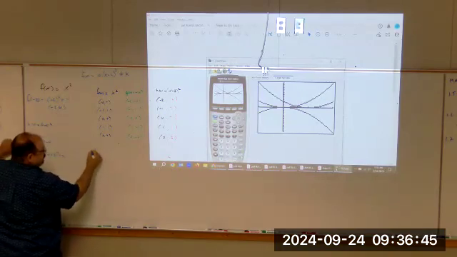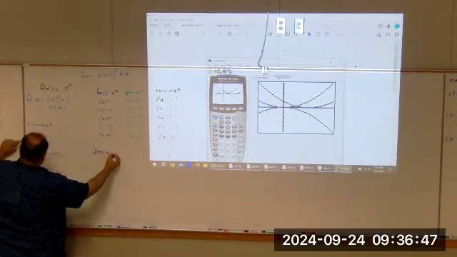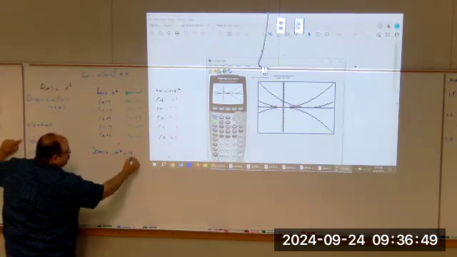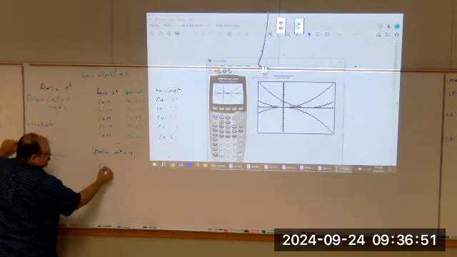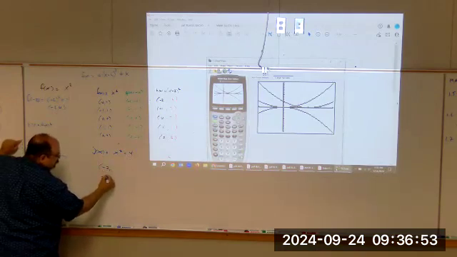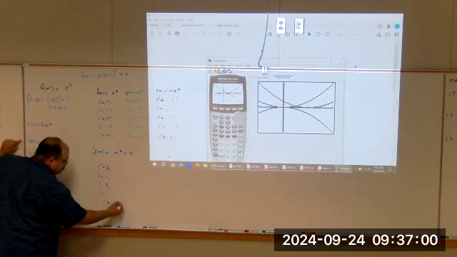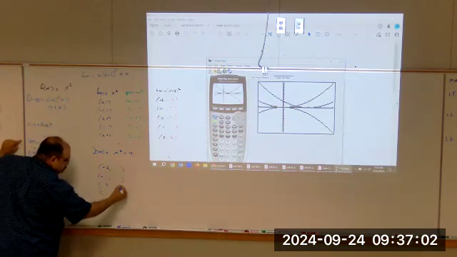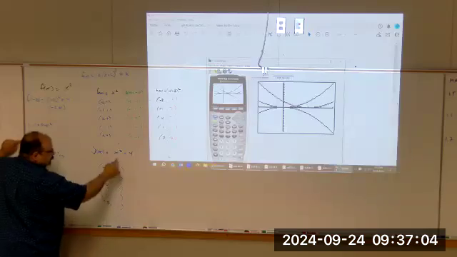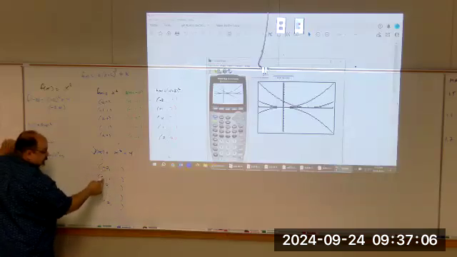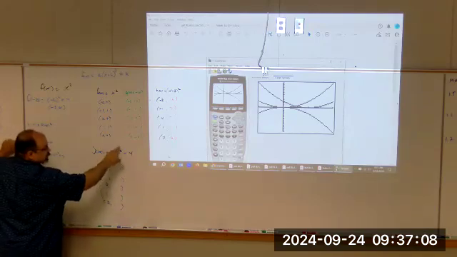So j of x, x² -4, with x values -2, -1, 0, 1, and 2. When we plug in x, nothing's going to change. We're not adding or subtracting anything.